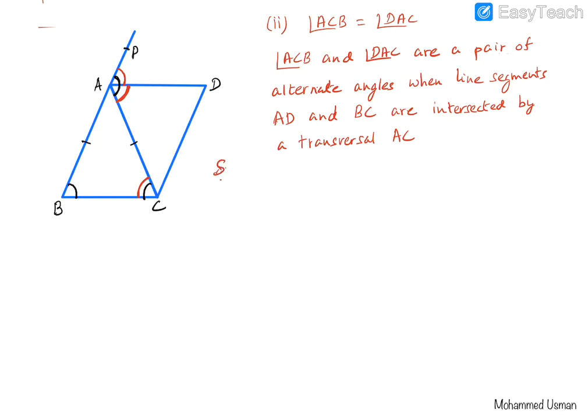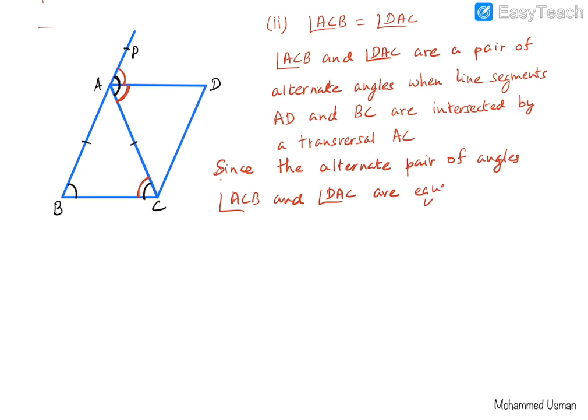So since the alternate pair of angles, angle ACB and angle DAC, are equal, the line AD is parallel to the line segment BC.